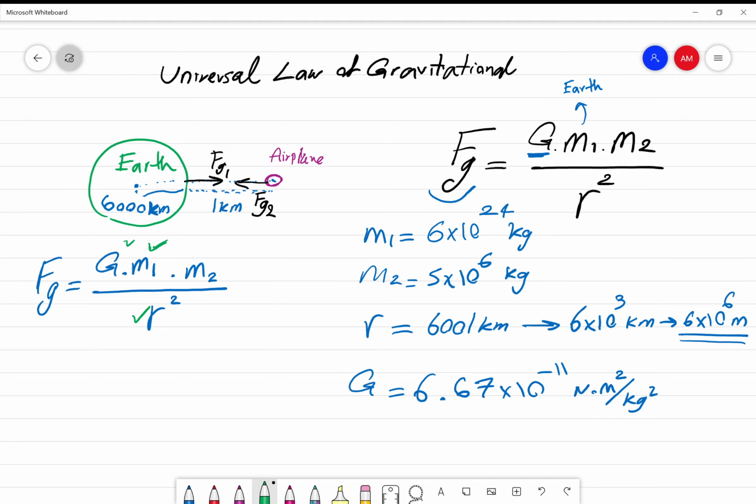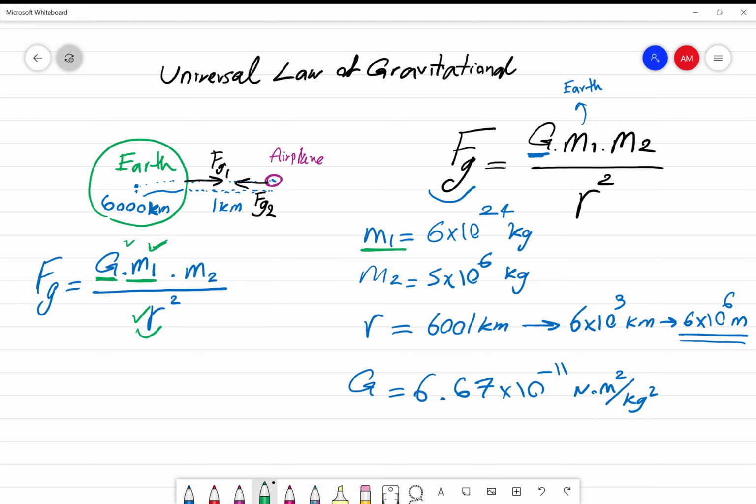So the value of G and the value of M1, whenever we're calculating the gravity of Earth, gravitational field between Earth and something else, okay? In this case, it's Earth and airplane. We could be doing Earth and an apple, Earth and a book. So Earth and something else. Mass 1 always going to be the mass of Earth. That's not going to change. G also is always 6.67 times 10 to the negative 11. So far, do you agree?